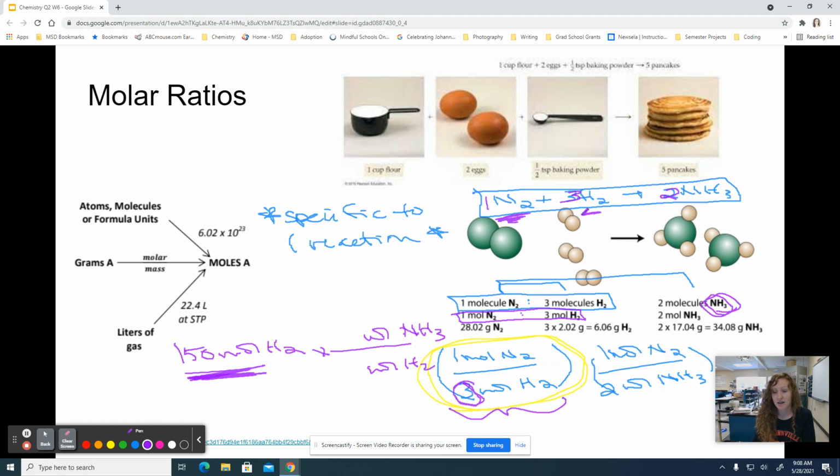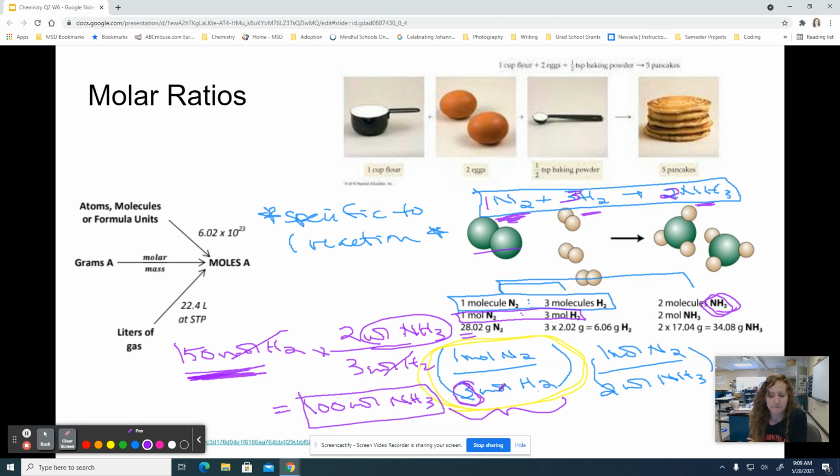So I'm just looking at hydrogen's relationship to NH3, 3 hydrogen to 2 NH3, and I can take my calculator and figure that out. 150 times 2 divided by 3 gives me 100. Notice my moles of hydrogen reduce out. I'm left with moles of NH3. I ran out of space, so I'm going to write it down below. Equals 100 moles of ammonia. I can take my blimp to the ammonia factory and use it to make 100 moles of ammonia.